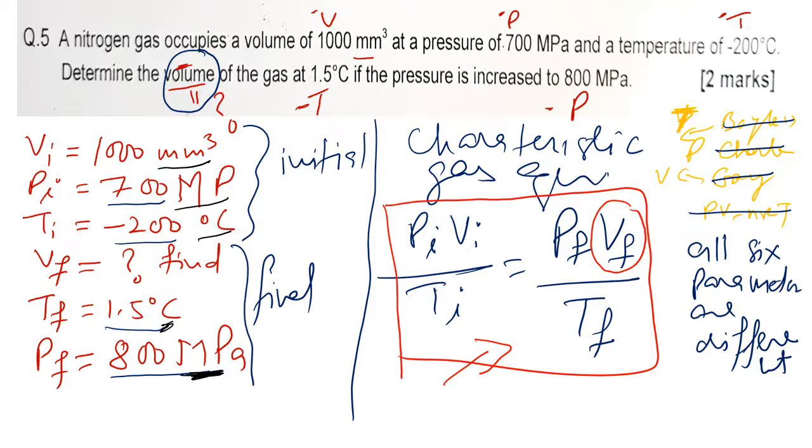Here, you cannot use Boyle's law, because in Boyle's law the temperature is constant, and in Charles's law the pressure is constant. And in Gay-Lussac's law the volume is constant, but here we have to check whether any parameter is constant or not.